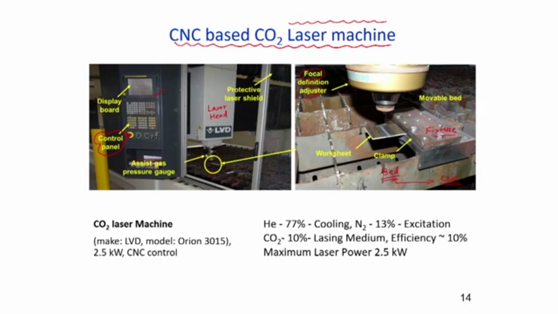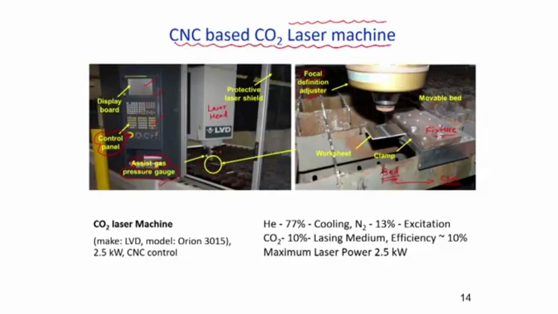This arrangement may be different or it may be changed in a little way for a variety of other utilizations. For example, welding, the fixtures may be different. For depositions, the head may be different, or based upon the manufacturer's design, there may be little changes in the arrangements of the CNC based machine tool.